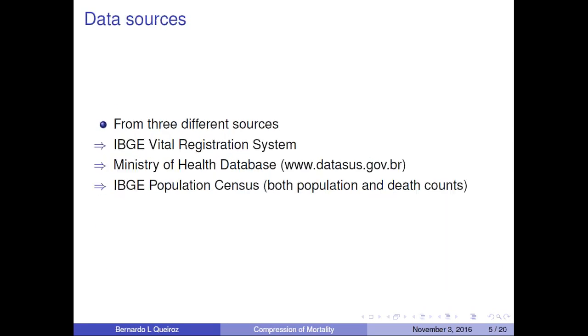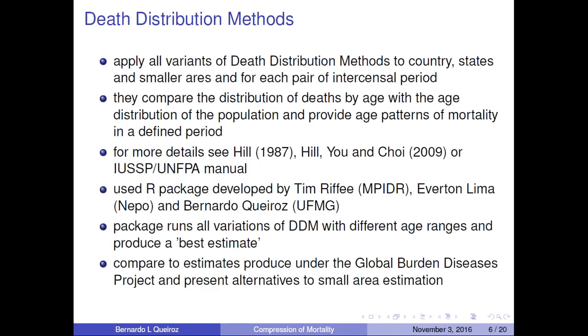So a little bit on the methods. We apply all the variants of the death distribution methods, for the country, states, and smaller areas, for each pair of intercensal periods. I'm showing results for the meso regions. They are comparable areas, and they stay comparable from 1980 to this year.